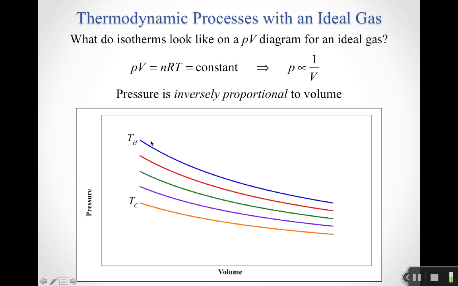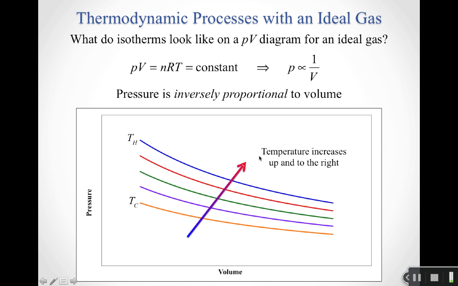And so one of the things to recognize here is, these are all isotherms, and they're all at different temperatures. And you can see from the labeling here that this blue curve is the hottest of these isotherms. The yellow curve down here at the bottom is the coldest of the isotherms.